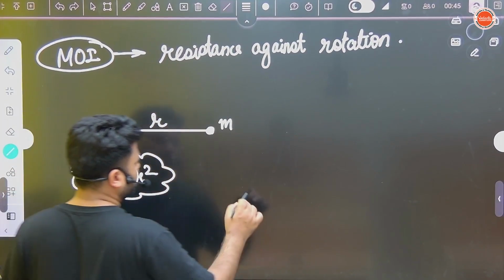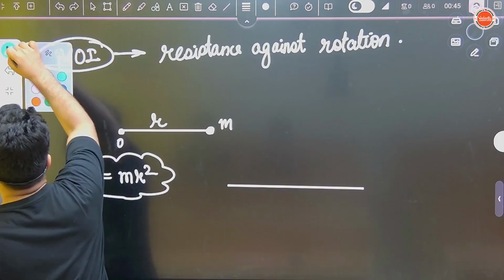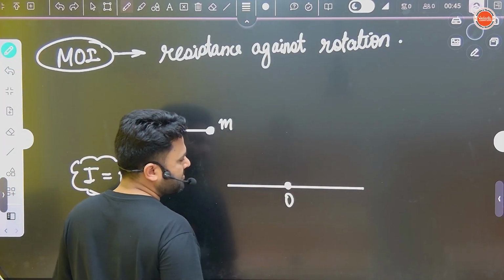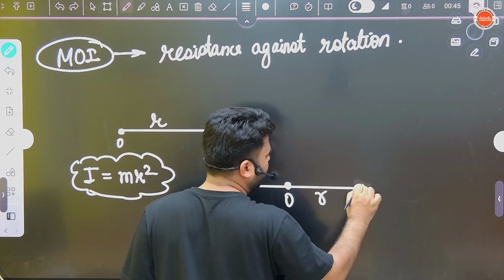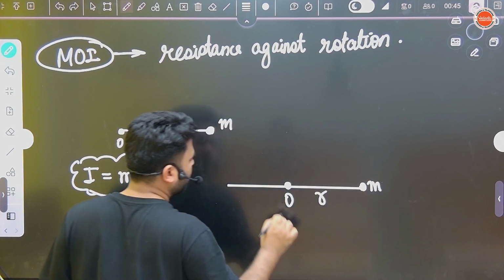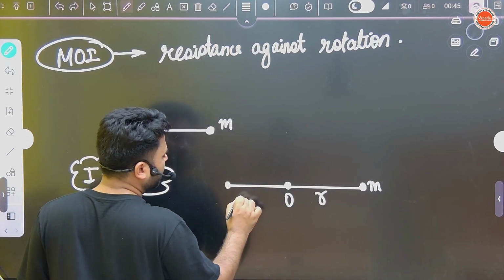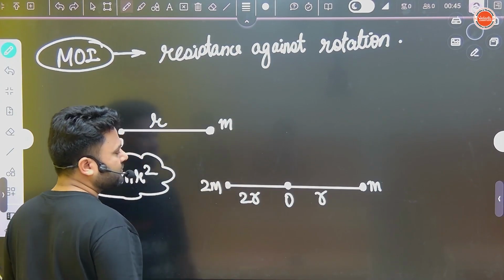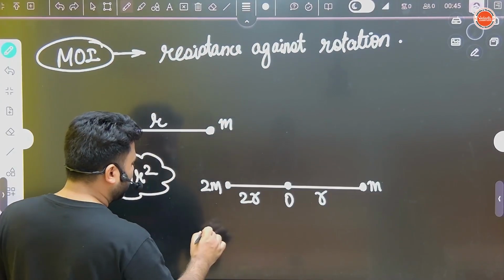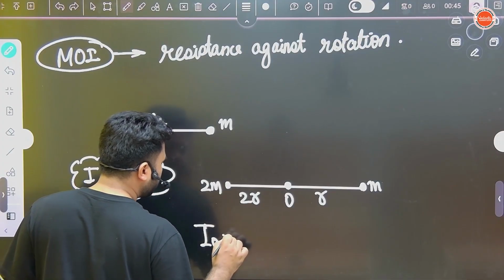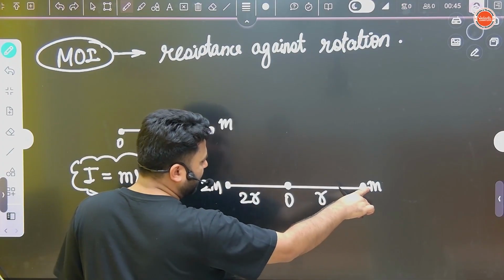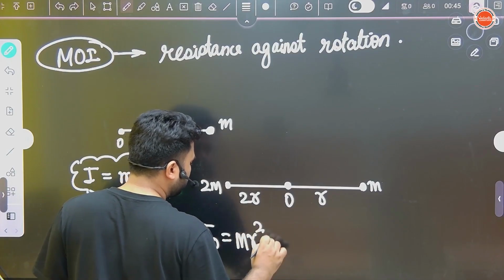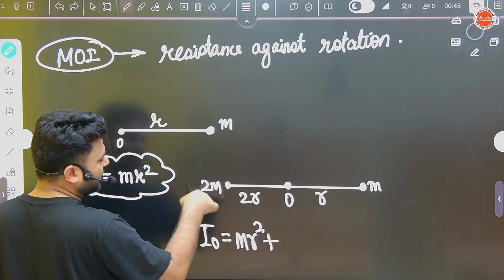Achha, suppose, for example, this is my center of rotation. At a distance r, there is one mass m, and again here at a distance 2r, there is a mass 2m, suppose. If I ask what is the moment of inertia about O, so due to this mass at a distance r, we will write mr square, plus due to this mass, what is the moment of inertia?